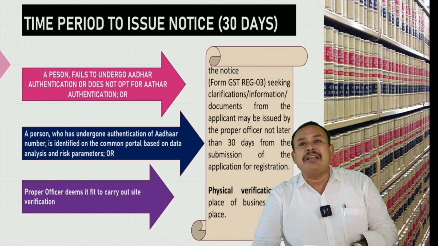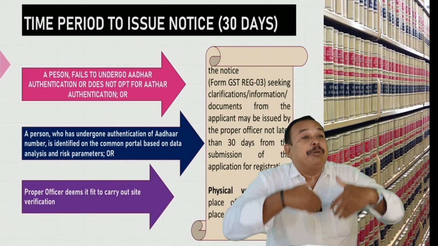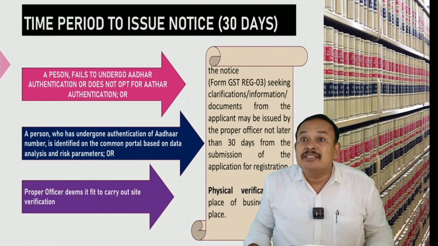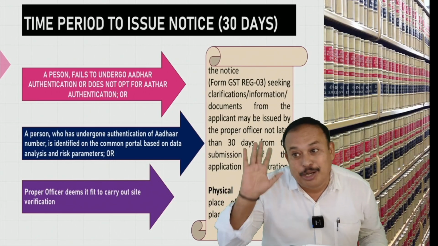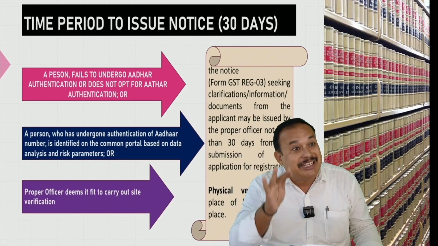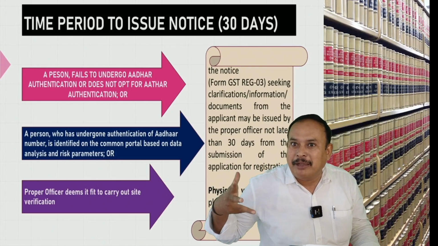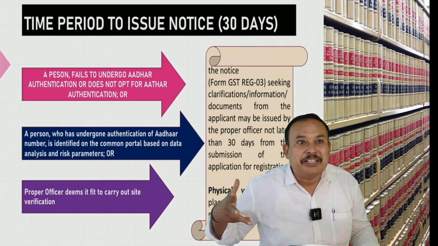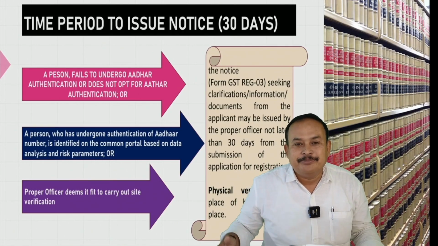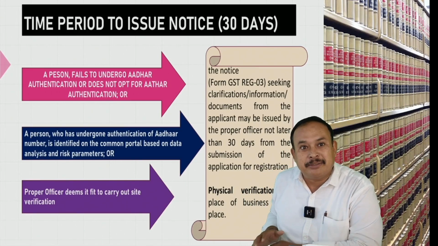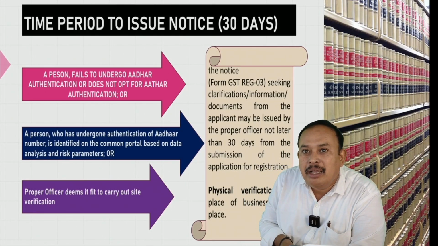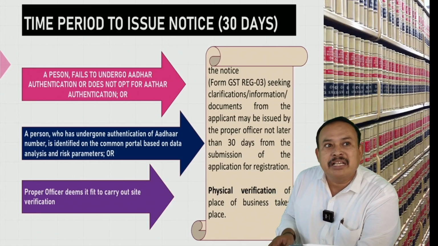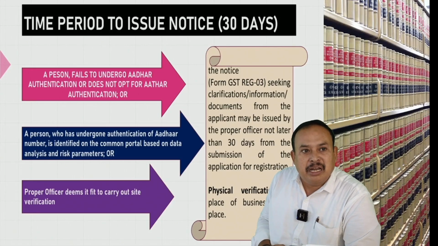Or sometimes, when you make an application for registration, the system shows that he has also made an Aadhaar authentication. After the Aadhaar authentication, the system pops up to the department officer: the applicant is Pushpa. Who is he? A smuggler.